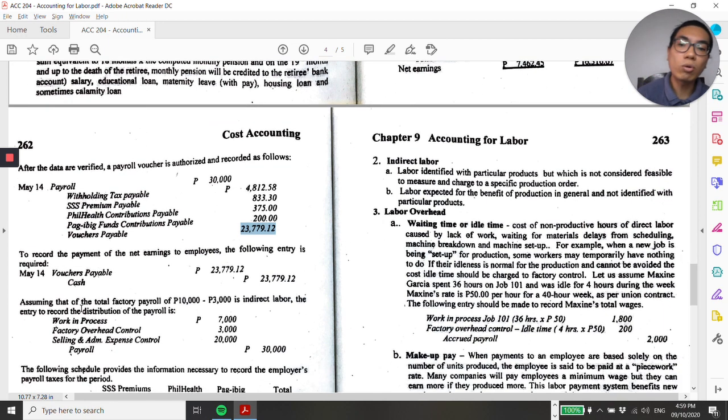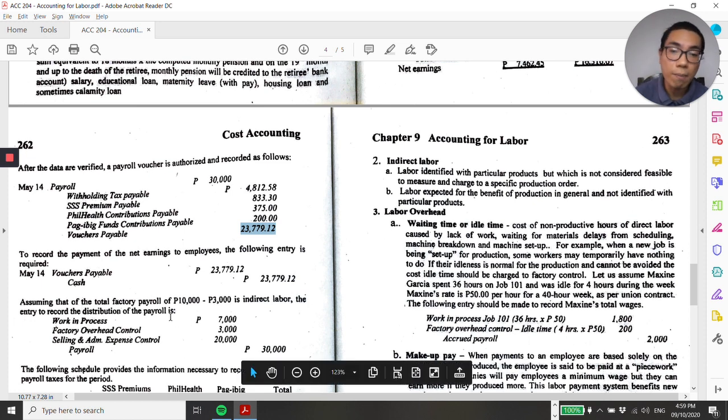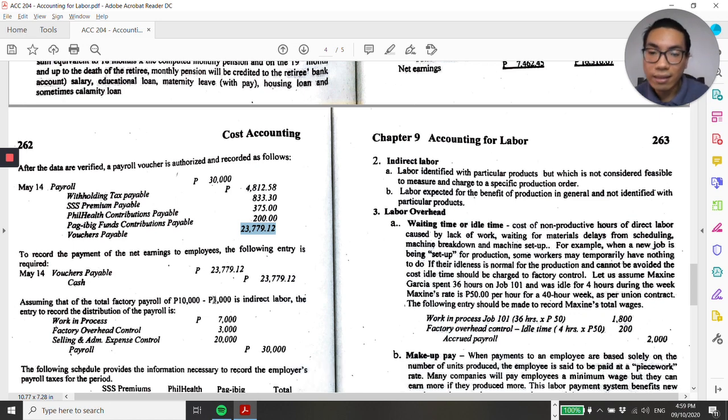And assuming that the total factory payroll is 10,000, 3,000 daw is indirect labor. So given naman siya sa illustrative problem natin na yung 3,000 daw nung 10,000 natin is indirect labor.